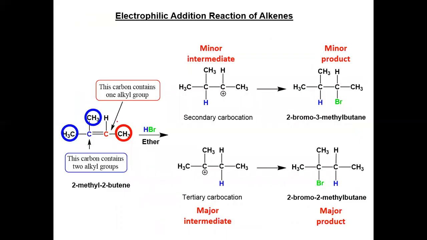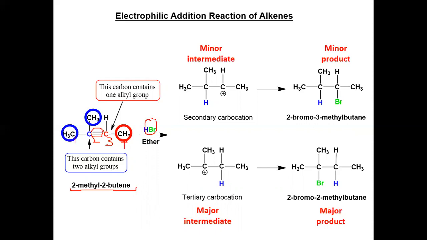Okay, so for example this one, the 2-methyl-2-butene from earlier. So you have carbon 1, carbon 2, carbon 3 and carbon 4. Your main focus is on carbon 2 and 3. HBr will add.